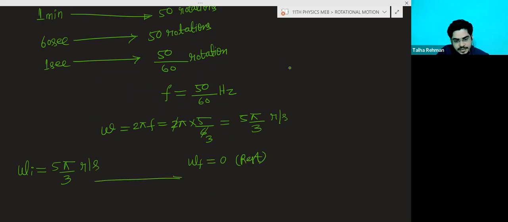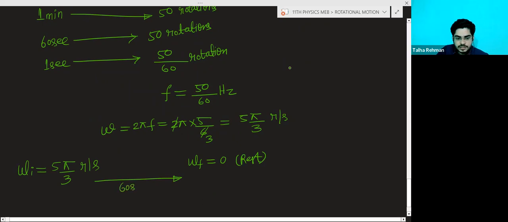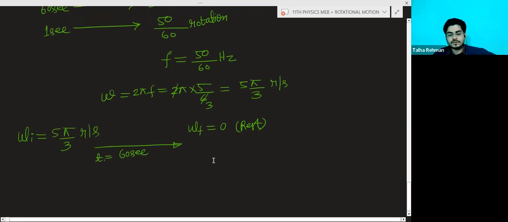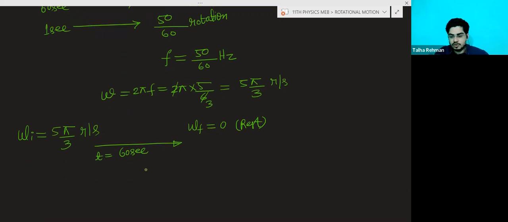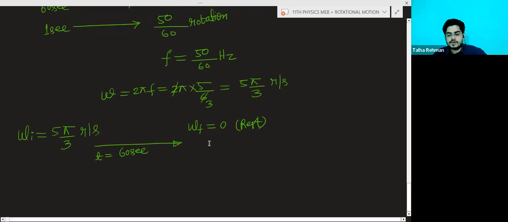In how many seconds? In 1 minute, or you can say in 60 seconds. They are asking what will be the torque, meaning how much torque you will apply to bring it to rest.